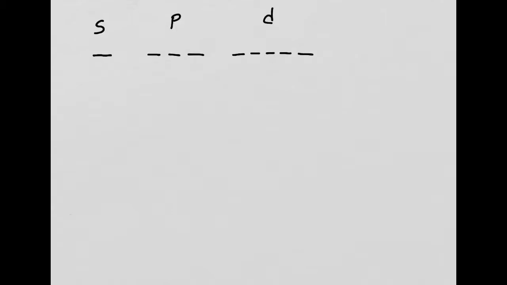And we had an f orbital, which was 1, 2, 3, 4, 5, 6, and 7. Okay? And we said we need numbers for quantum numbers. So this would be 0; 0, plus 1, minus 1; 0, plus 1, plus 2, minus 1, minus 2; 0, plus 1, plus 2, plus 3, minus 1, minus 2, minus 3.